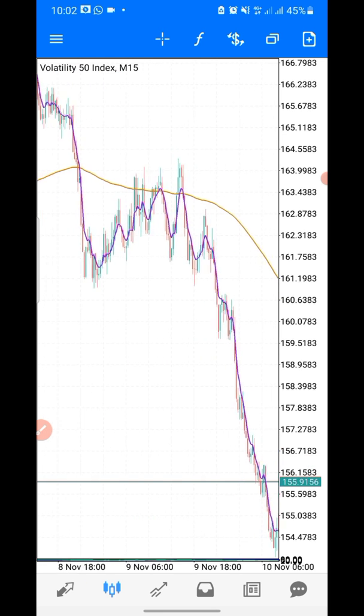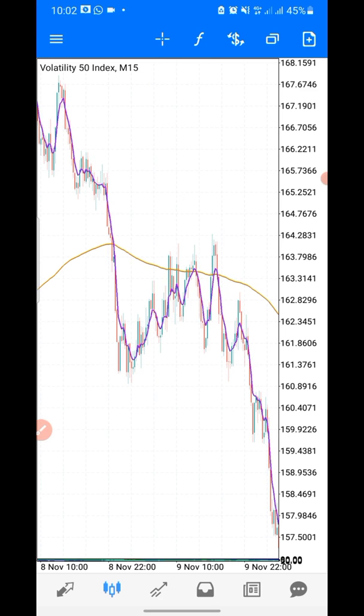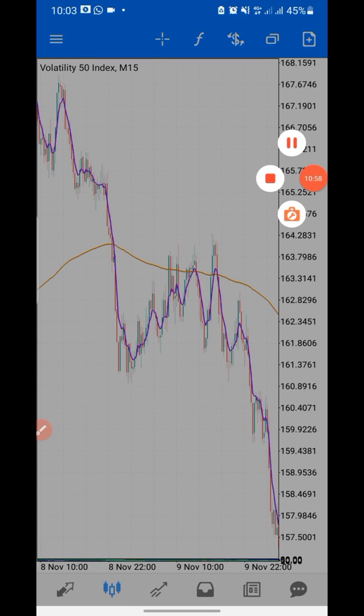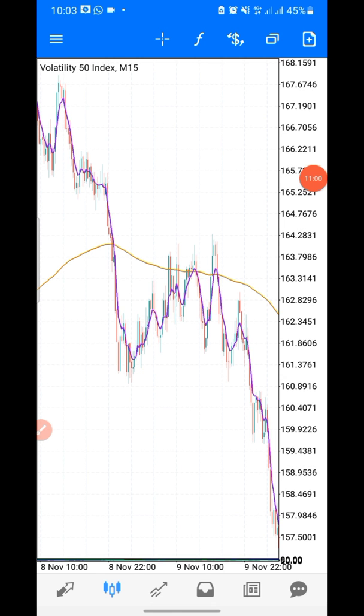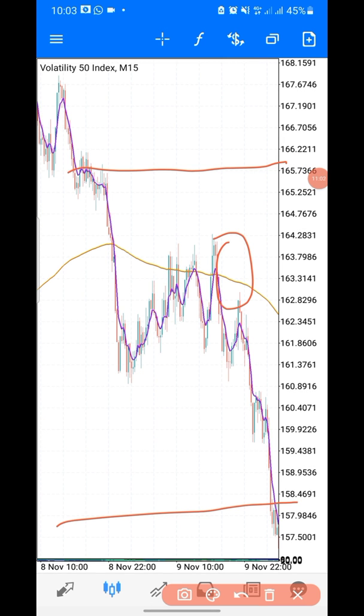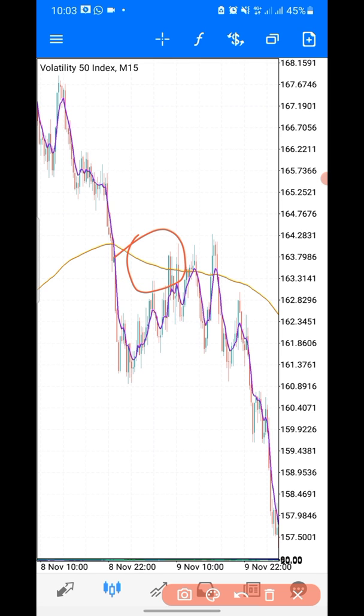This currently is VIX 50. Notice what happened here. Let me delete everything. This is our EMA 200 and this is our EMA 5. And notice that the EMA 5 crosses to the downside at this level. So what do we do in this case?